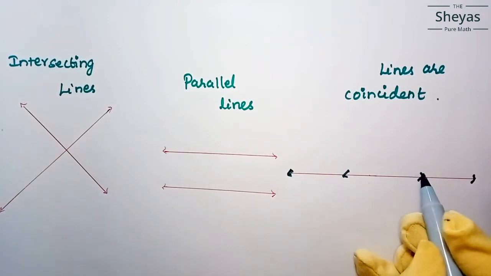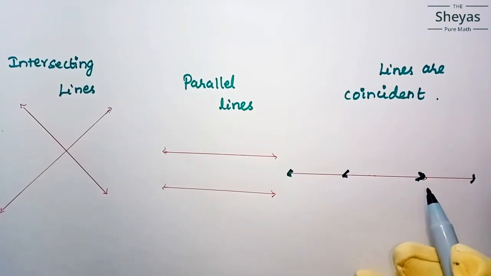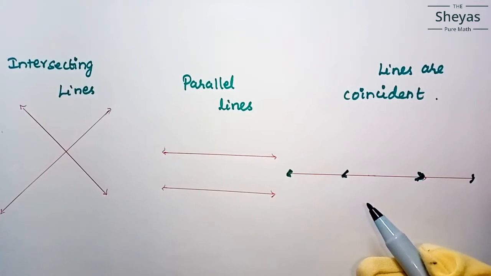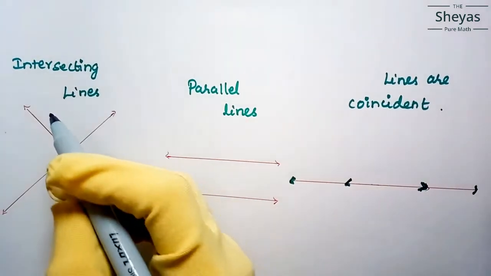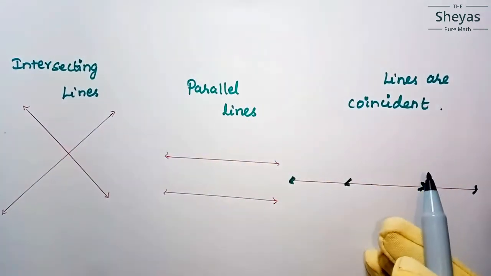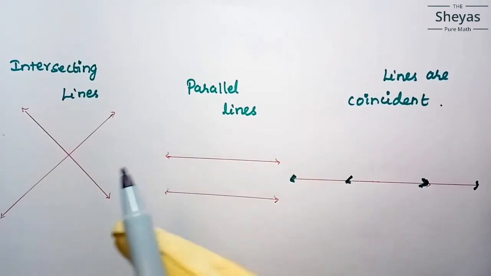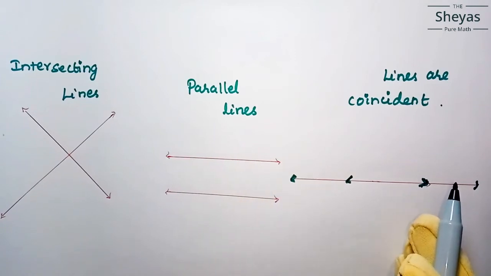So I am writing here, this is the first line and this is the second line. The second line lies on this first line, which is called coincident. So the lines can be intersecting, parallel or coincident. So the graphs of these linear equations will be intersecting lines, parallel lines, or coincident lines.